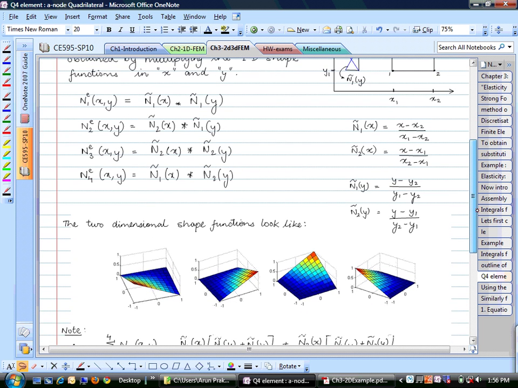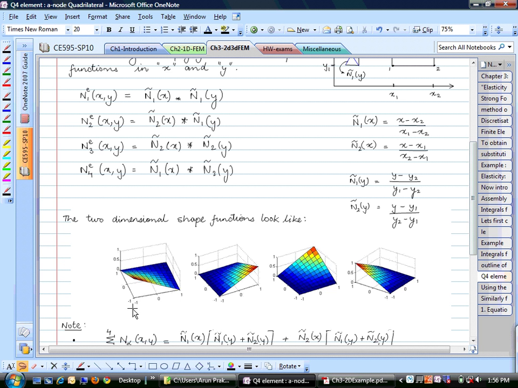So what do these shape functions look like? Let's consider n1 first. This is node 1, this is node 2, this is node 3, and this is node 4. If you were to plot the shape function for each of the 4 nodes, what they would look like is this quadratic curve.